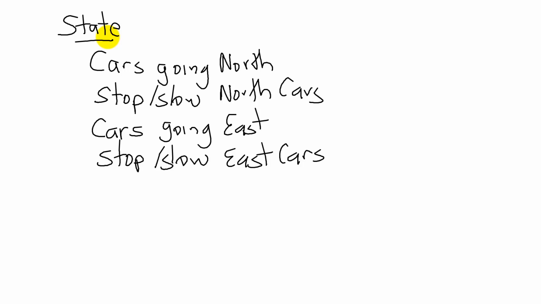So once I've figured out what my states are, the next step is to do a mapping from the states to the output. And remember that PB 5, 4, and 3 were the lights for the red, yellow, green, the lights for the east road.